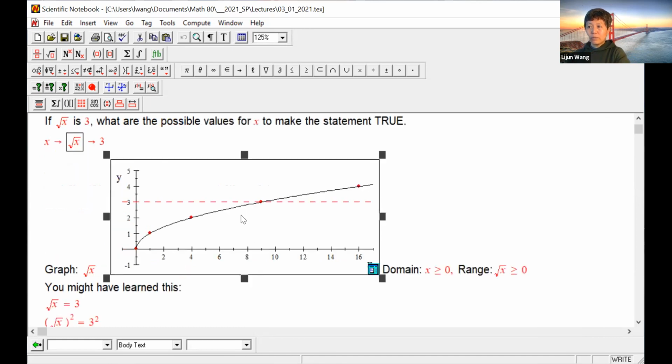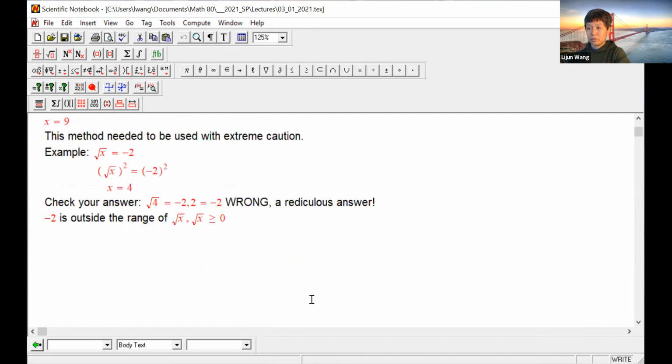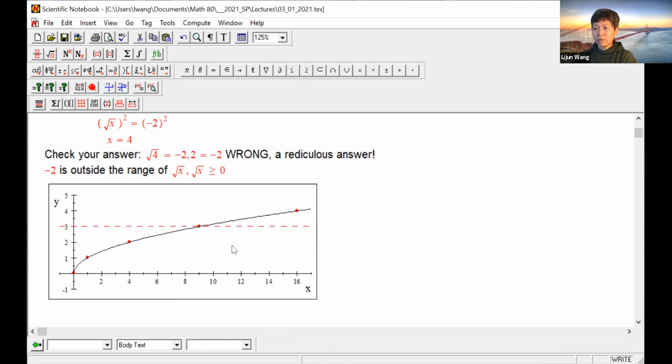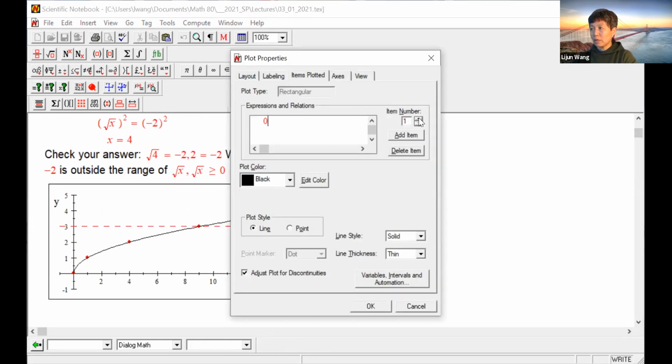Okay, from the graph's perspective, right? You will not be drawing this red line. You're going to be drawing this red line. It is going to be -2.